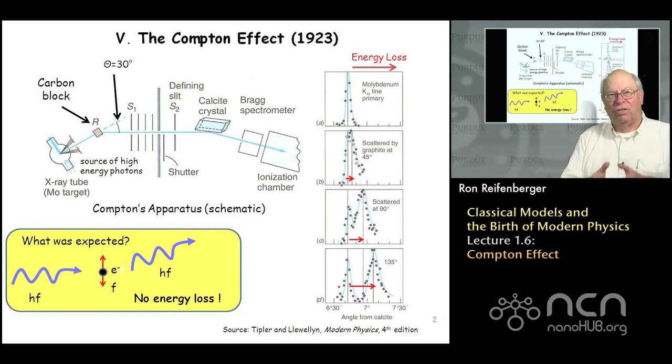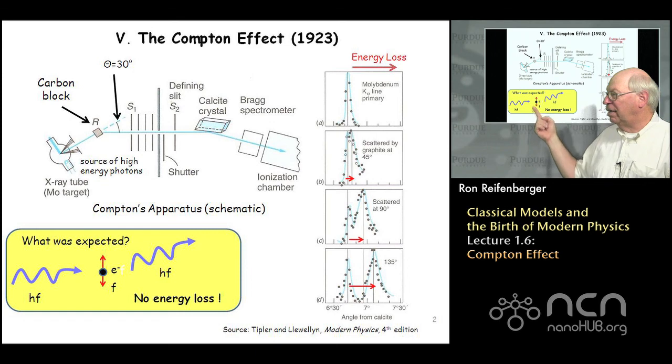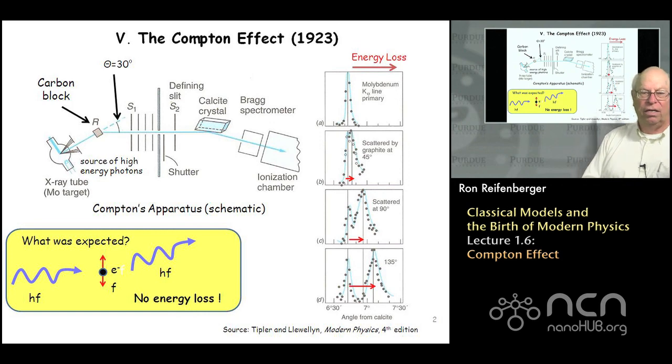If the electron oscillates up and down, it's going to oscillate at the same frequency as the electric field of the photon. So when the electron emits radiation, it's going to emit radiation at the same frequency. That means a photon should come out at a different angle, but it should have exactly the same energy as the incident photon, because the incident photon causes an oscillation of the electron at the same frequency as the electric field that the photon has. So there should be no energy loss.